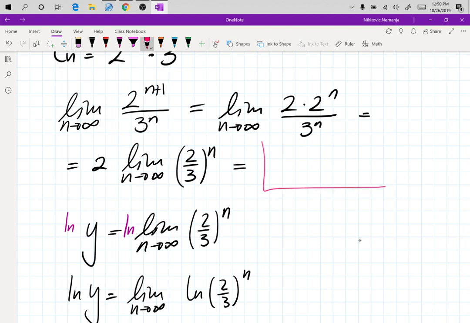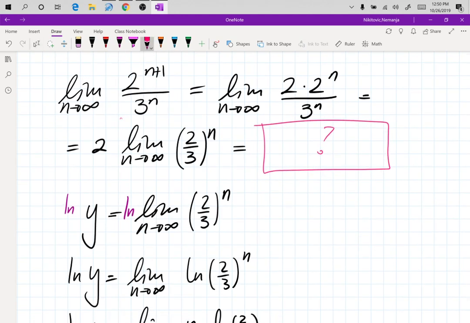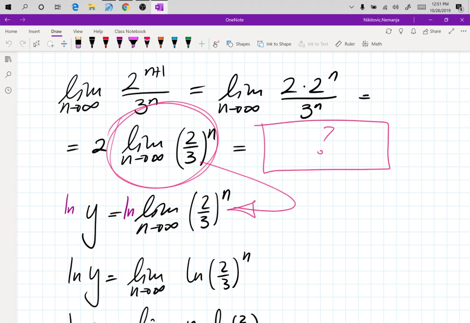I still am looking for the answer to plug in over here, but I have to find the limit of this first, which is this next row over here, where I set that limit to y, because I want to calculate the value of the limit.